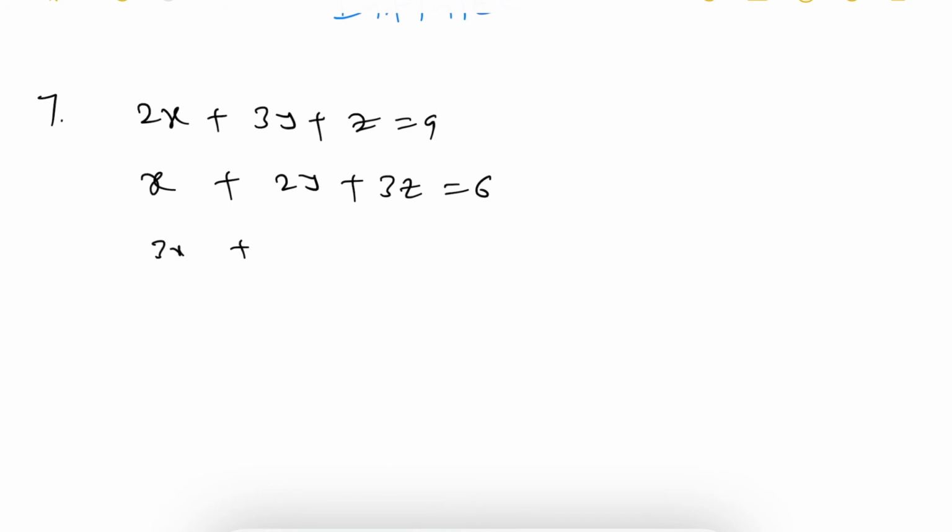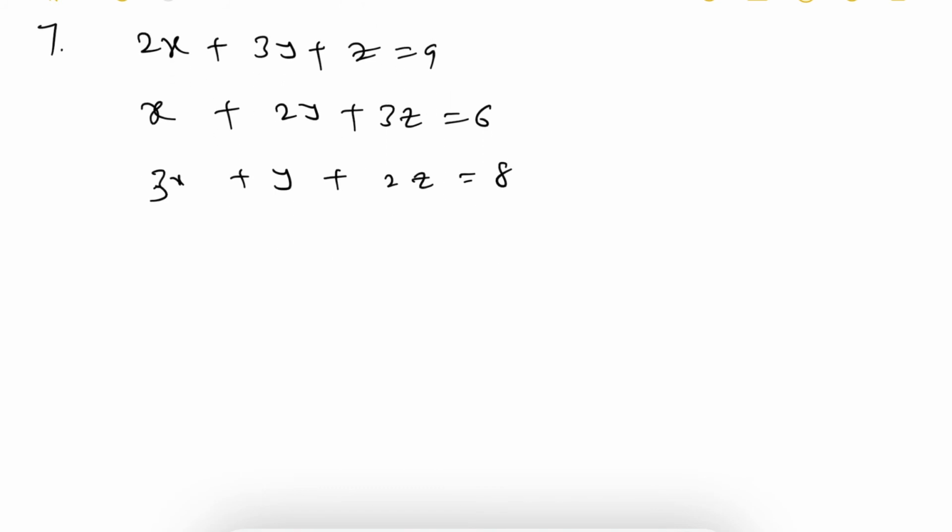Next 3x plus y plus 2z is equals to 8. Okay, now if we write the first matrix, first of all the coefficients we need to write. So x coefficient, y coefficient, z coefficient, x coefficient, y coefficient, z coefficient, x coefficient, y coefficient, z coefficient.